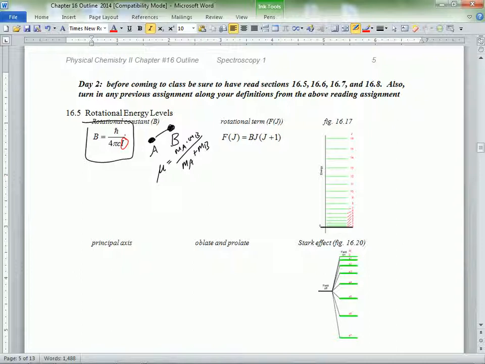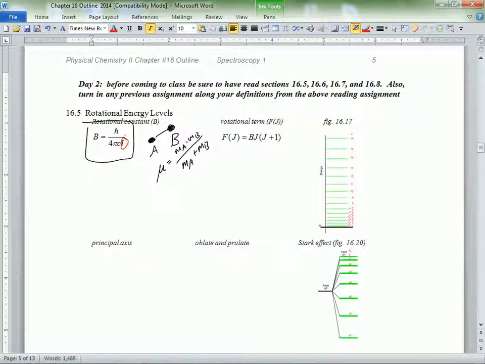It's kind of curious, though, out of all these molecules, we're only going to be using one of them. Diatomics. We're not going to think of anything more complicated than that. Diatomics is complicated enough. So we're only going to be using equation number 1. So the moment of inertia is the reduced mass times r squared.